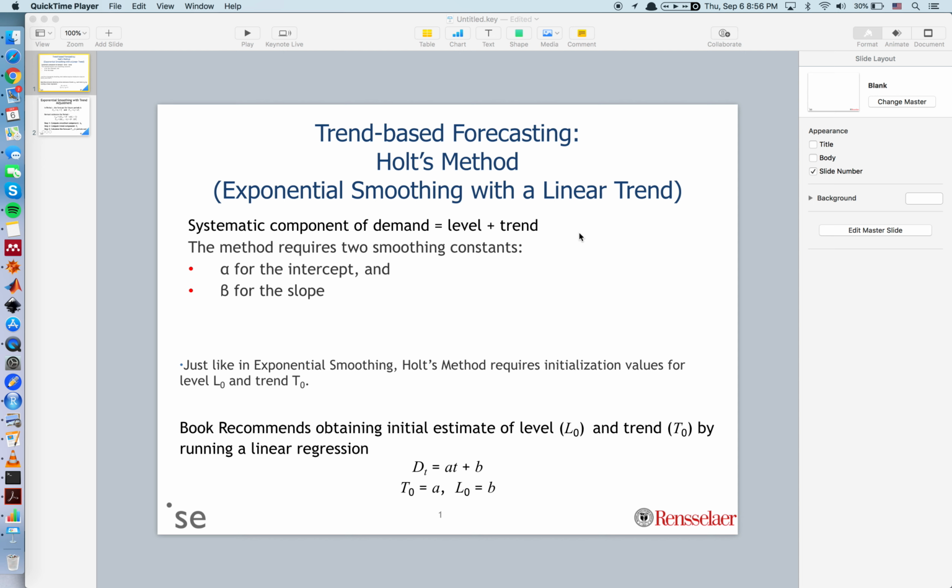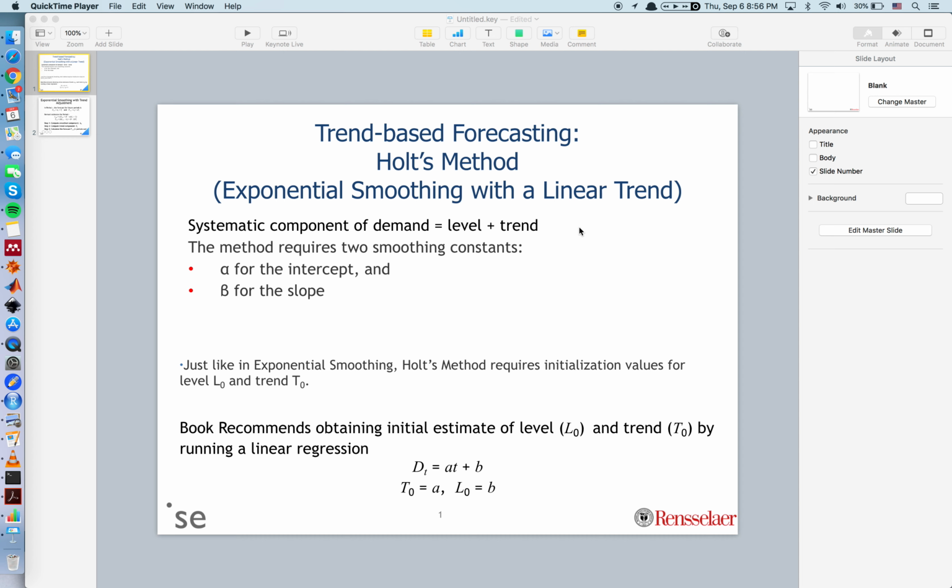So briefly to review, remember that the previous method that we discussed was simple exponential smoothing, which was applicable for stationary series, so time series without a trend or seasonality.